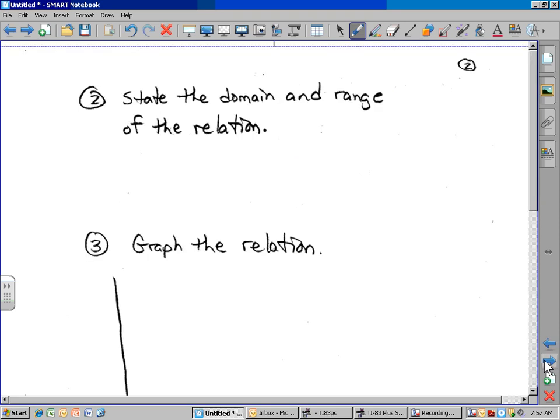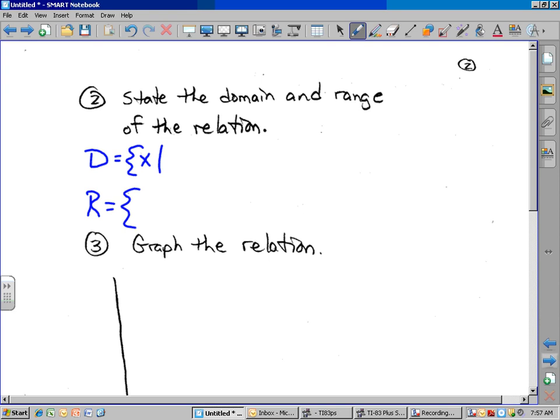2. State the domain and range of the relation. Well, there are sets of data. So the domain equals a set, the range equals a set. Of what? Well, domain represents X, range represents Y. The vertical line represents "such that."